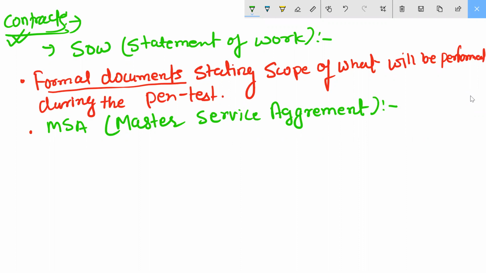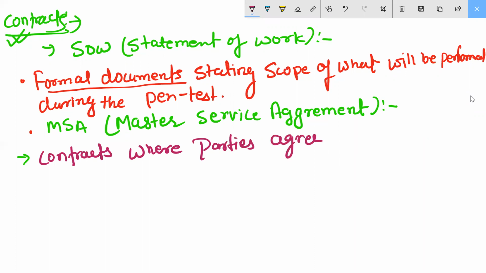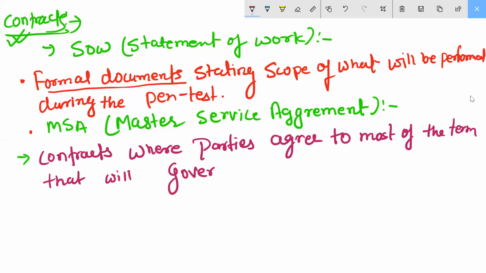MSA is a contract where parties agree to most of the terms that will be governed in future actions.